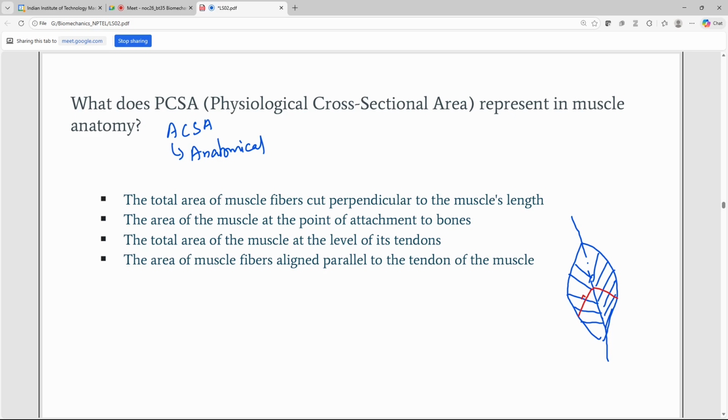The one I have drawn here in red is called physiological cross-sectional area. That is the first option, the total area of muscle fibers cut perpendicular to the muscle length.